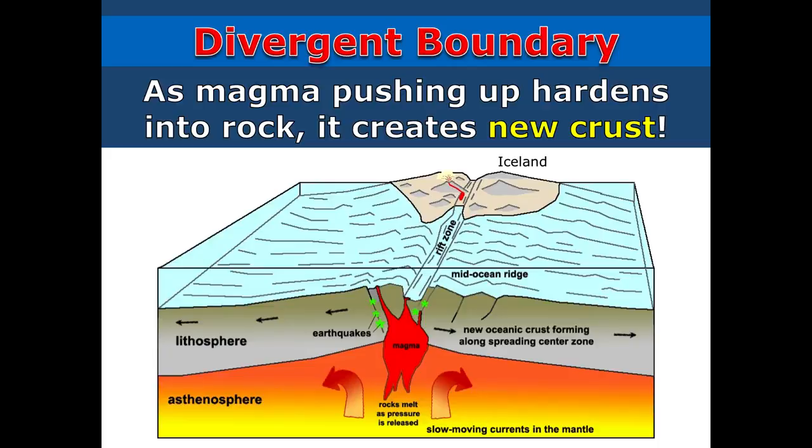On land, in Iceland, rift valley. And in Africa, the same type of thing is happening. It's called the Great Rift Valley. The land is splitting apart because there's a plate boundary in between that area, where part of Africa is going one direction and the other part is going the other way.